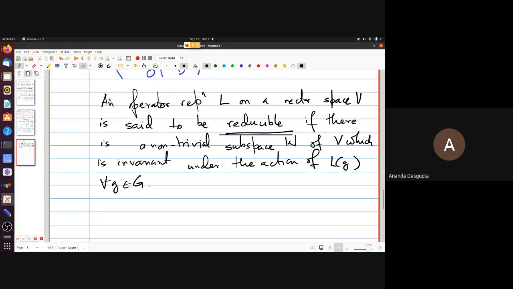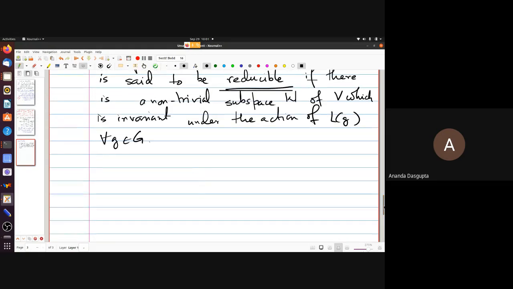That means no matter which small g you choose, the corresponding L_g acting on an element of W will give you an element of W. So this is what reducible means. Now, if you have a situation like this, then what you can of course do is something like this. What kind of matrix representation will that lead to?